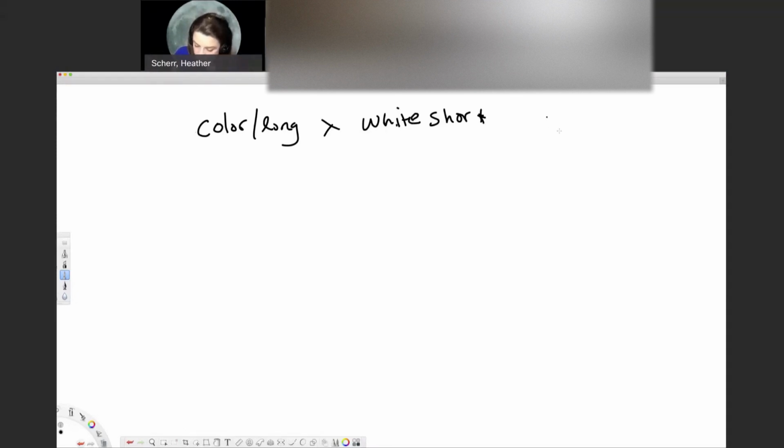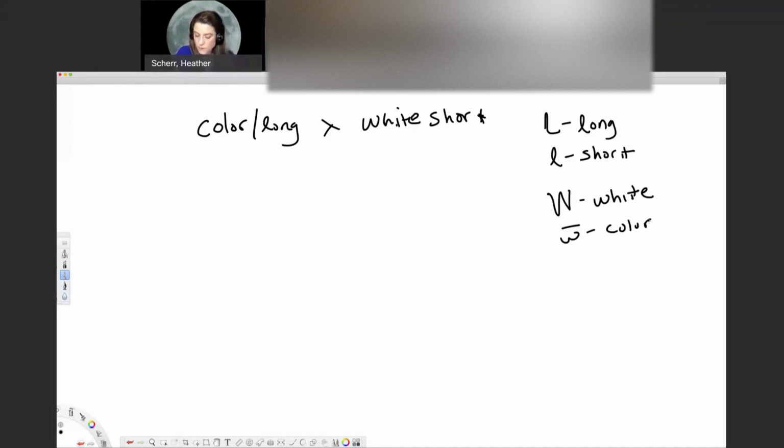Okay, so we had big L. We decided that was long hair because it just kept growing, versus the short hair. We decided that big W was white because there were not enough melanocytes during development, and little w was some sort of color, orange or red based and or black based.